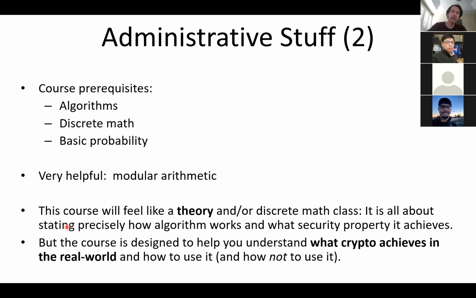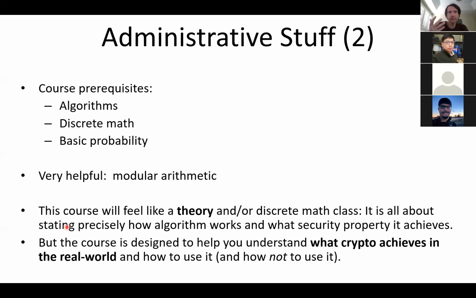I still call this class applied cryptography, although that is controversial, because I believe this is the only way to understand how to use cryptography, and how in the real world cryptography is used, and why some decisions were made, and what are the limits of the tools that we have, and how to use them, how not to use them.